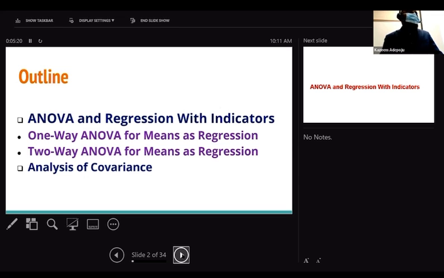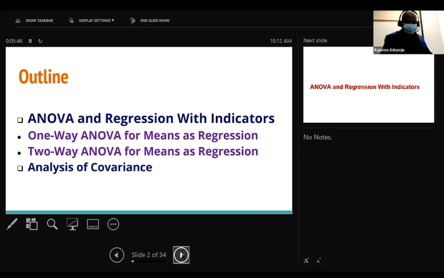Do you know that at times what you want to achieve with linear regression, we can also achieve with the analysis of variance? So today I'm going to show you how they can be used interchangeably in a particular situation.